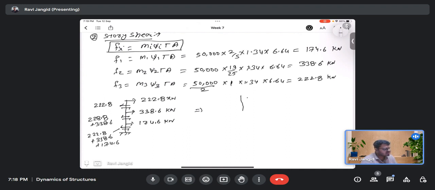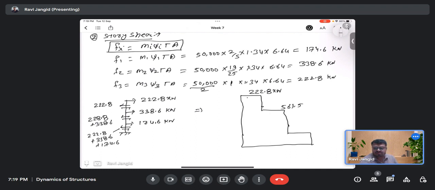So when you draw this shear force, this is your 228 kilonewton, this is your 561.5, this is your 736 kilonewton.